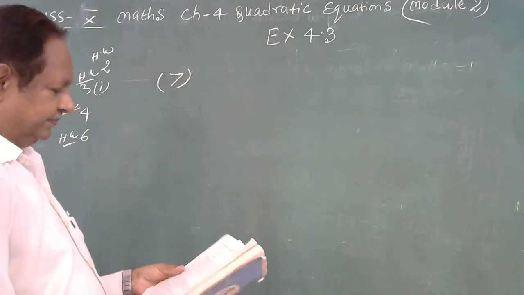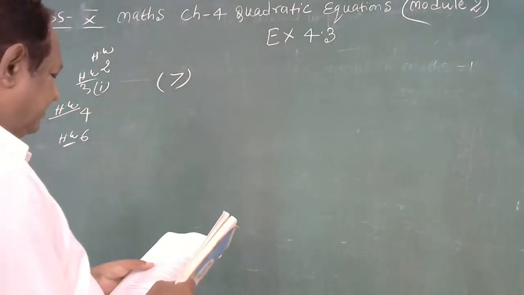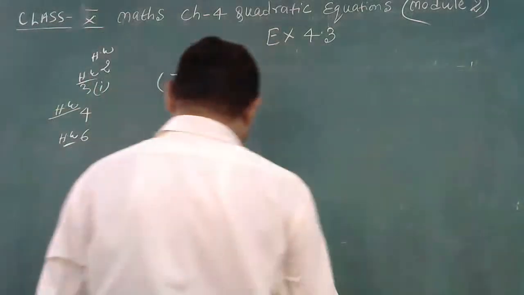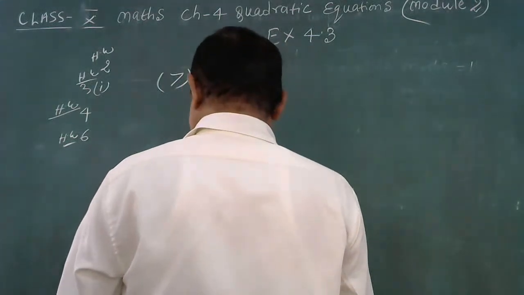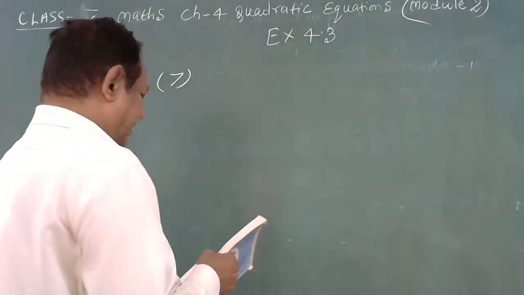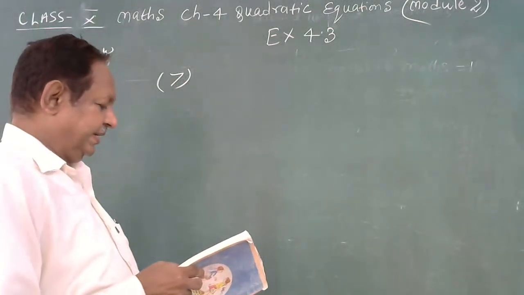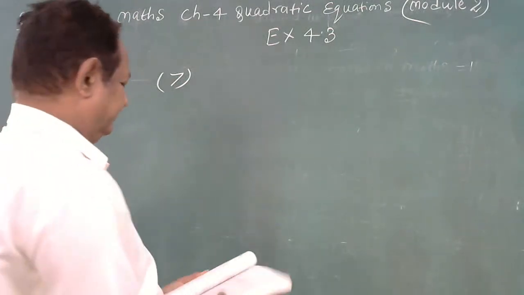The difference of the squares of two numbers is 180. The square of the smaller number is 8 times the larger number.